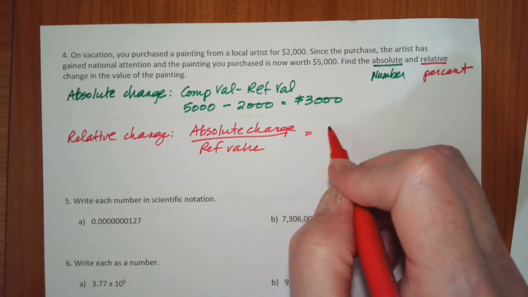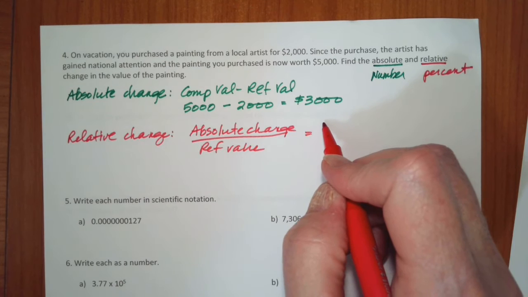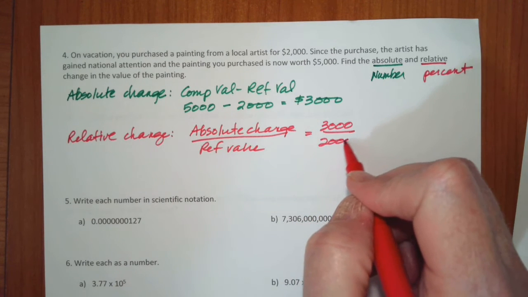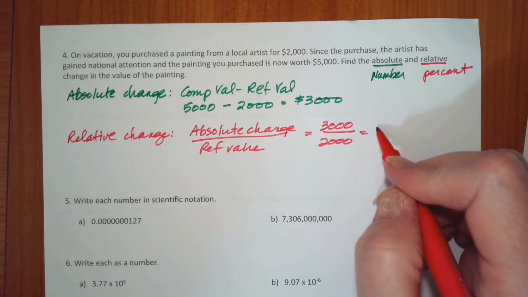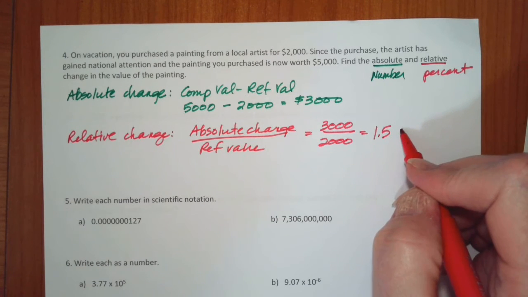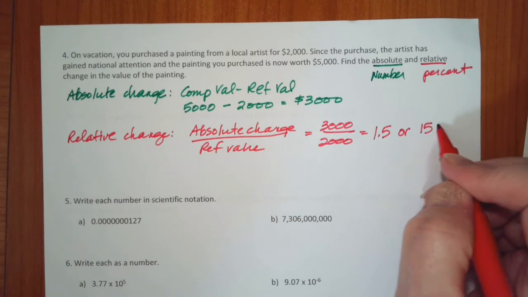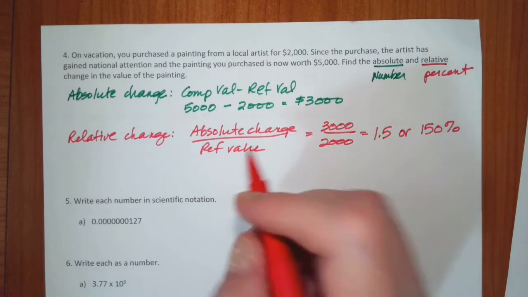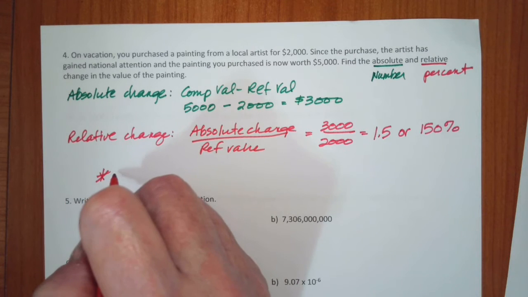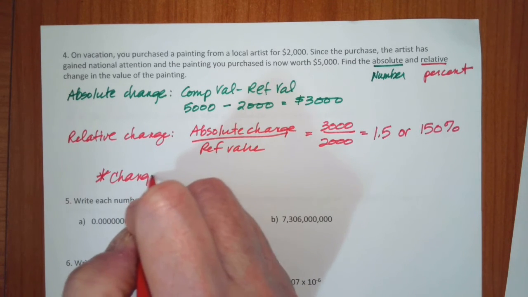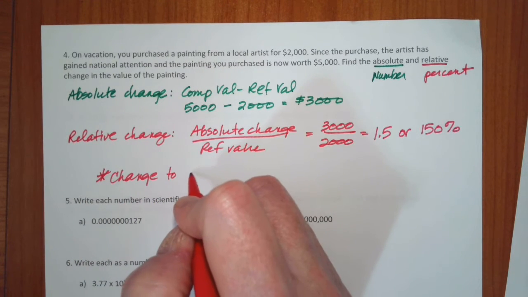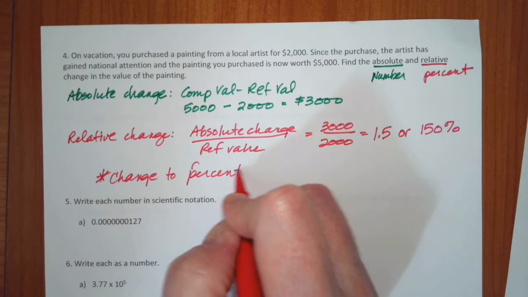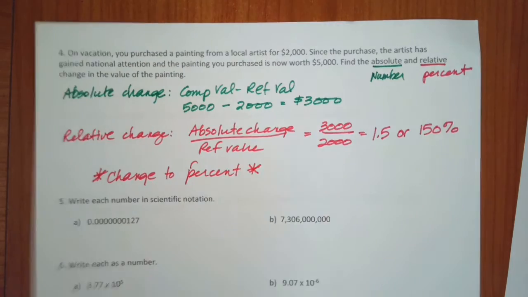Since we have that, that's going to be 3,000 divided by 2,000, which gives me 1.5 or 150%. Remember, change to percent. Okay.